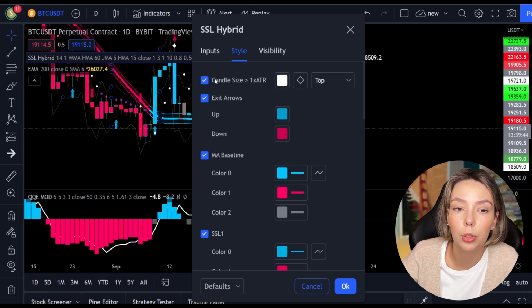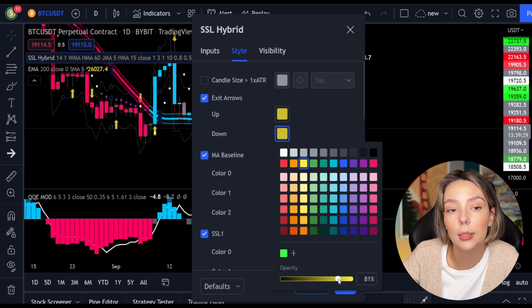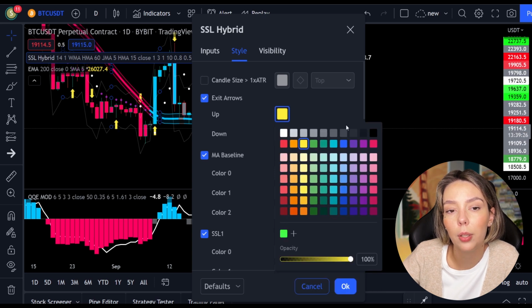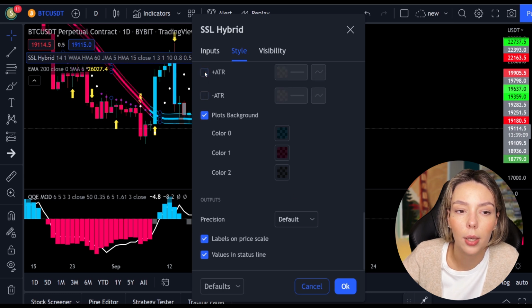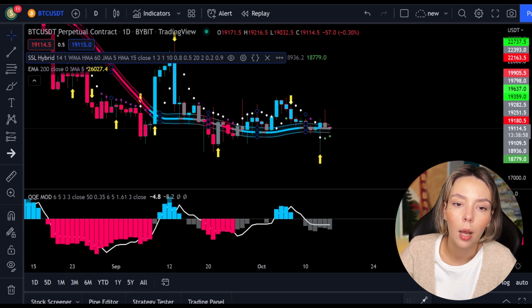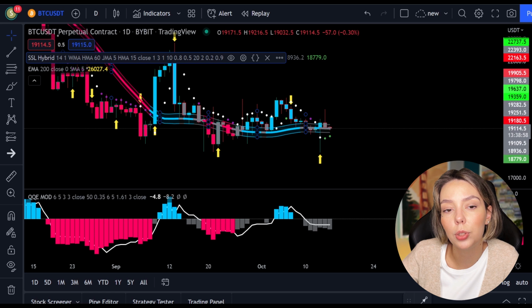We're going to get rid of this. I'm going to make the exit arrows also yellow so they stand out a little bit. Same thing going up and down, and then we're going to take this off, that off, and everything else remains the same. Now our chart is looking cleaner and good looking. Now our chart is all set, we can get into the strategy.